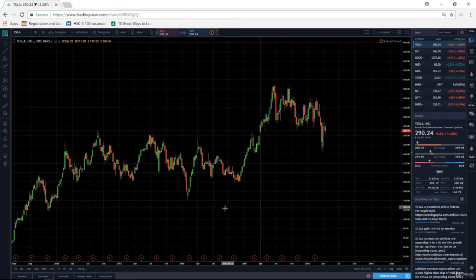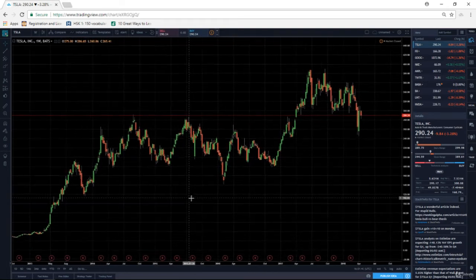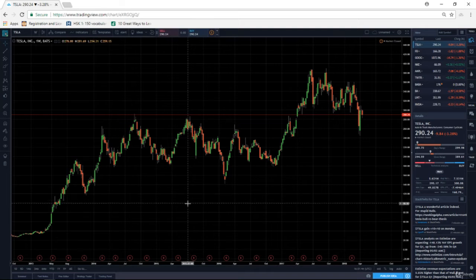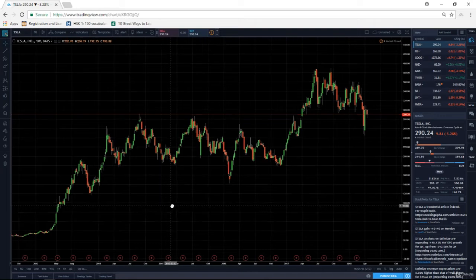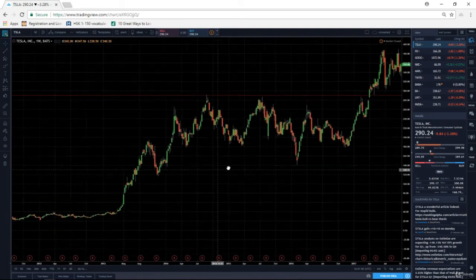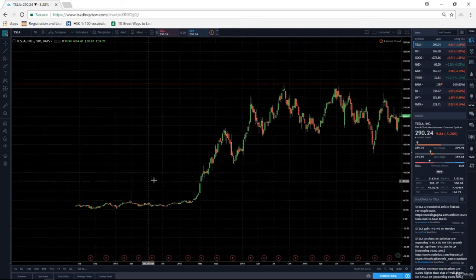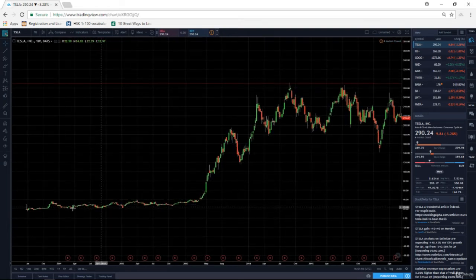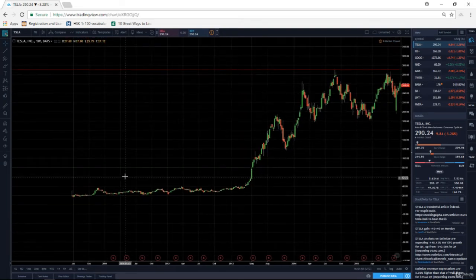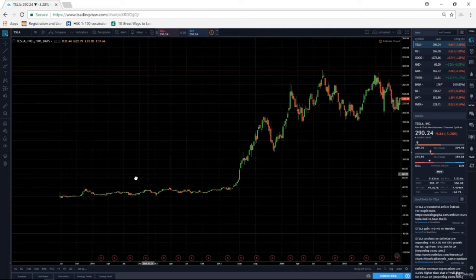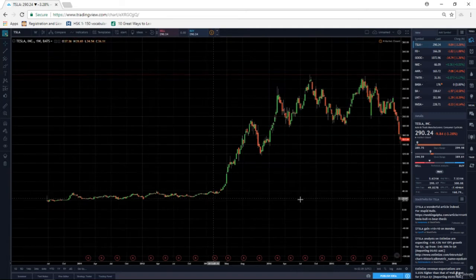Alright, now we want to do some back testing. So you will be able to see the power of the knowledge that we just learned, that is power analysis. Now you can see from 2010, perhaps 2011 until 2013, the stock doesn't go anywhere.